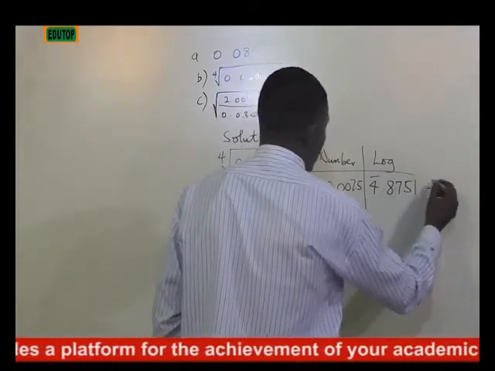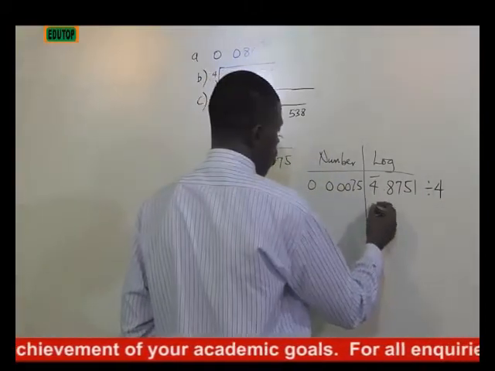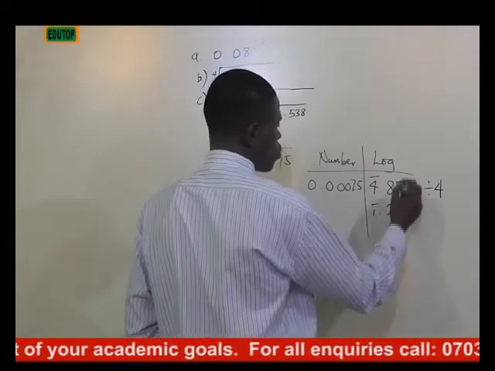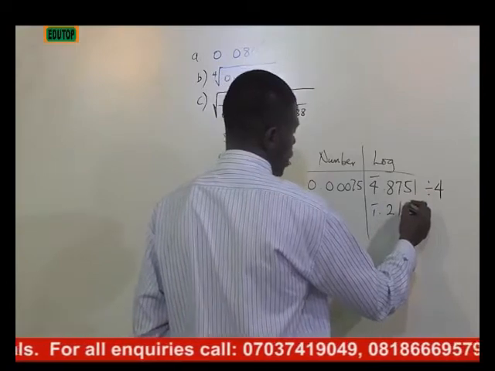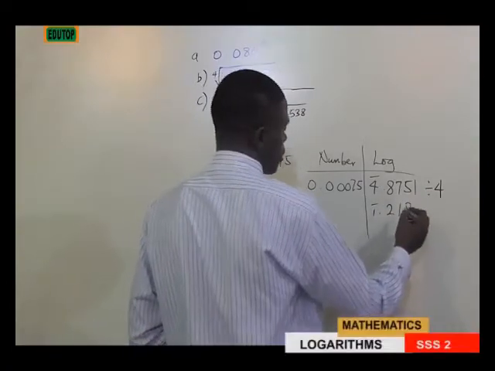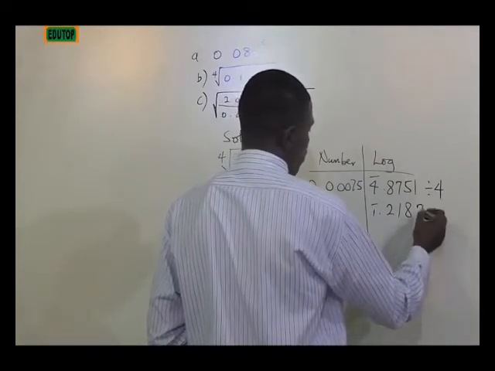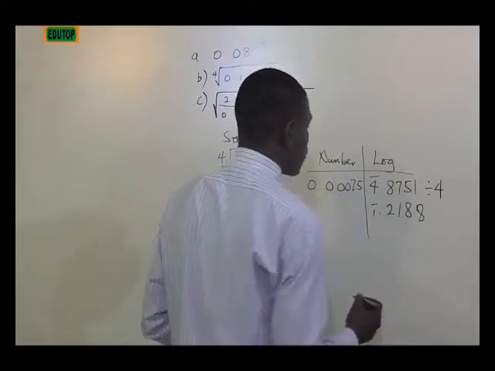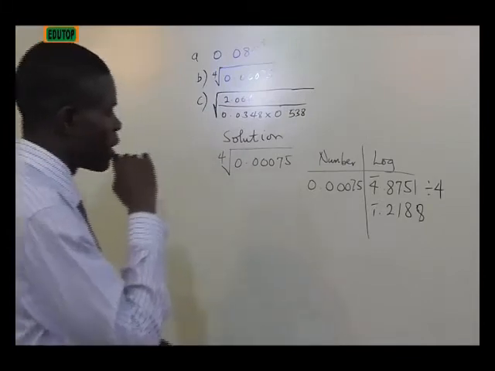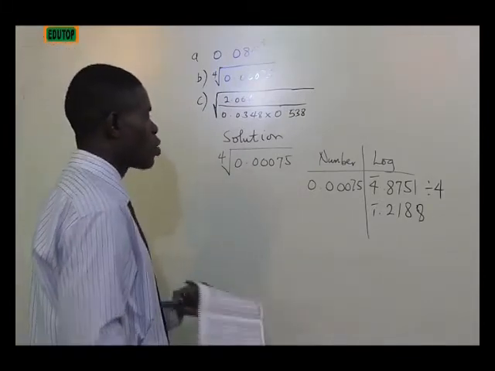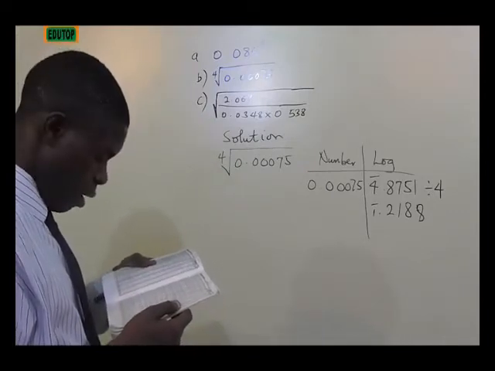So divided by 4. So by dividing this by 4, we have about 1.2188. So approximately bar 1.2188.